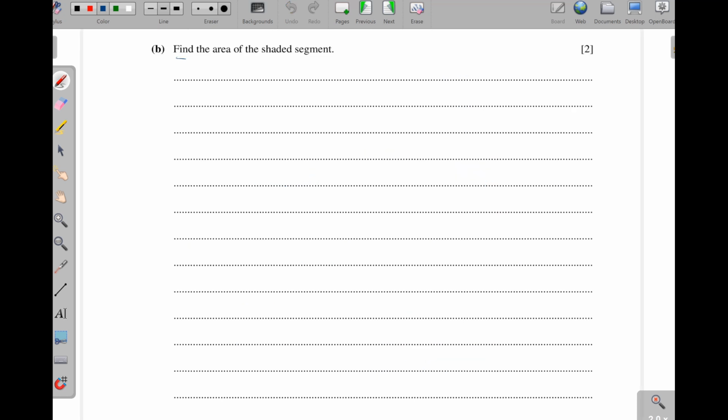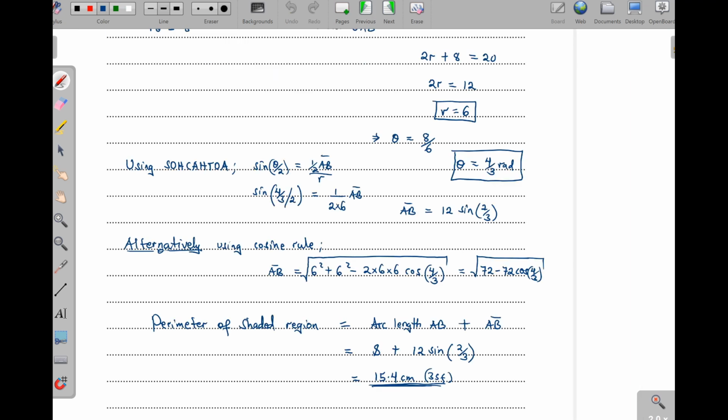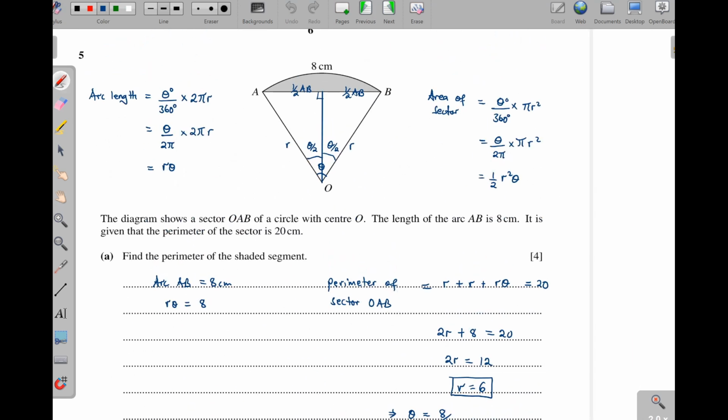Then part B, find the area of the shaded segment. Now, area of shaded segment, if you check, you will see that the sector here is bigger than the triangle. So I'll get area of the sector minus area of the triangle.